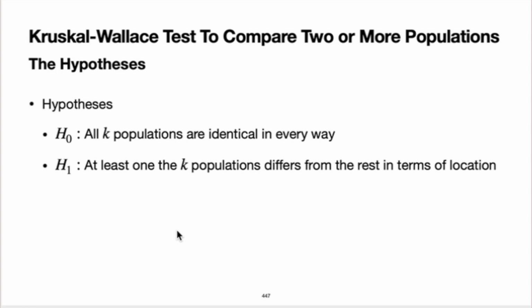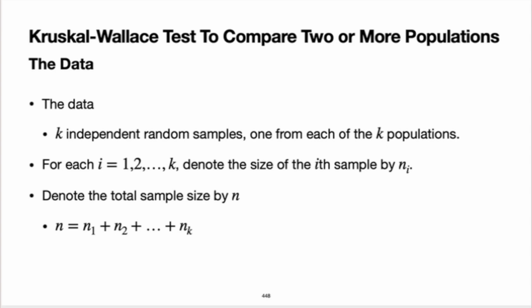The alternative is that at least one of the k populations differs from the rest in terms of location. But again, we're not developing the procedure based on a particular measure of location. We're just talking, in general, about some kind of shift of at least one of the populations away from the others.